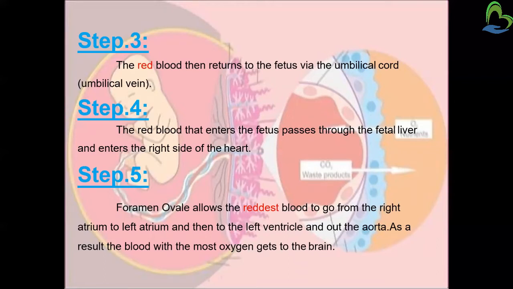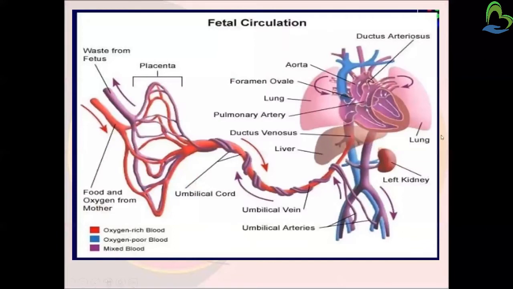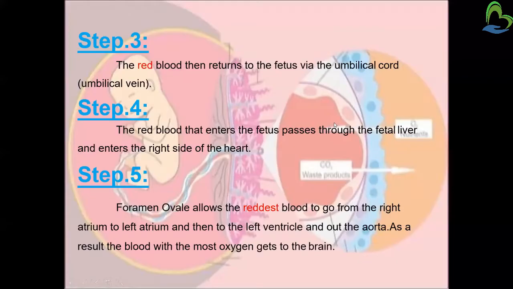So now the reddest blood goes from the right atrium to the left, and in this figure you may find it easily. From the liver to the right atrium, and from the right atrium to the left atrium and left ventricle to the aorta.